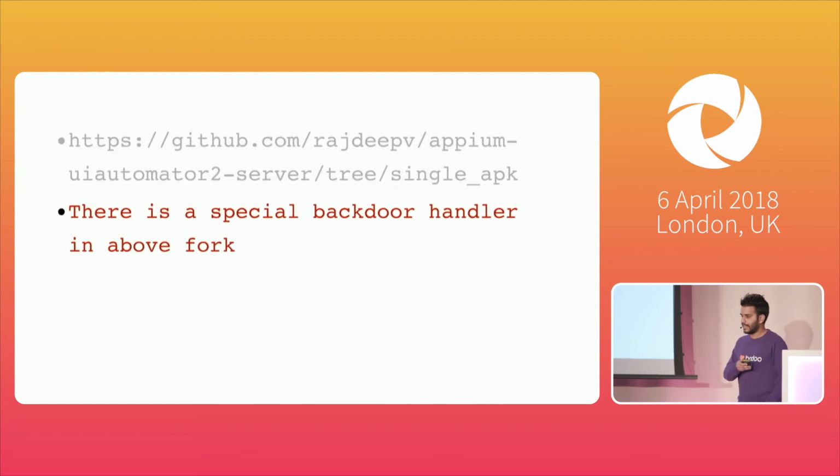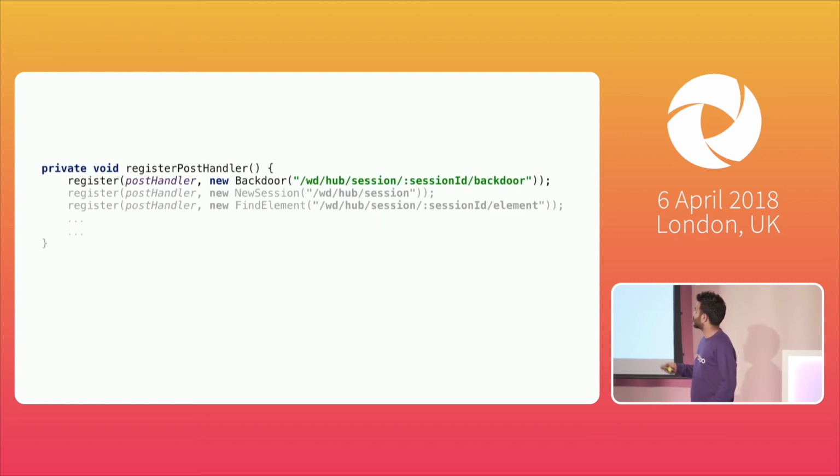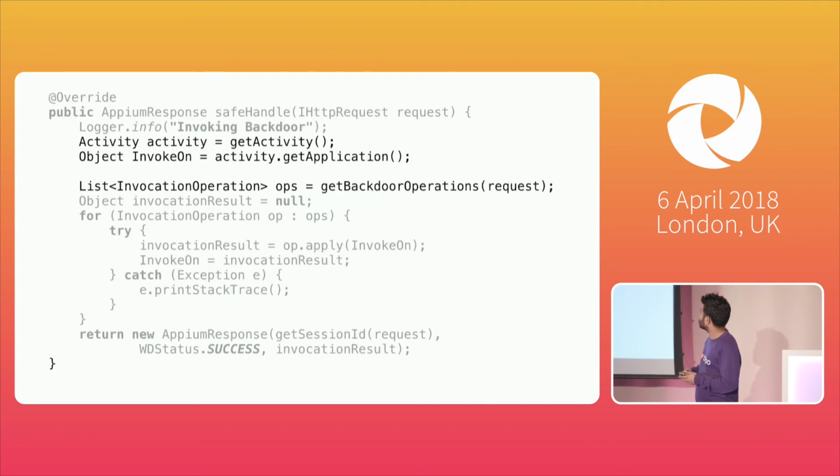And then I added a special endpoint called backdoor in this fork. And it looks like this. Sorry for the small fonts, but I just add a new endpoint, and I call it backdoor. This is the code of how the backdoor endpoint is handled. I get the activity, and from the activity I get the application.